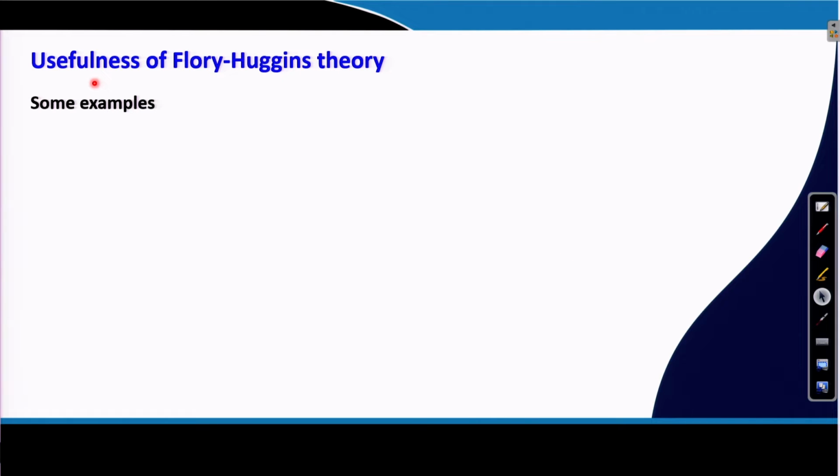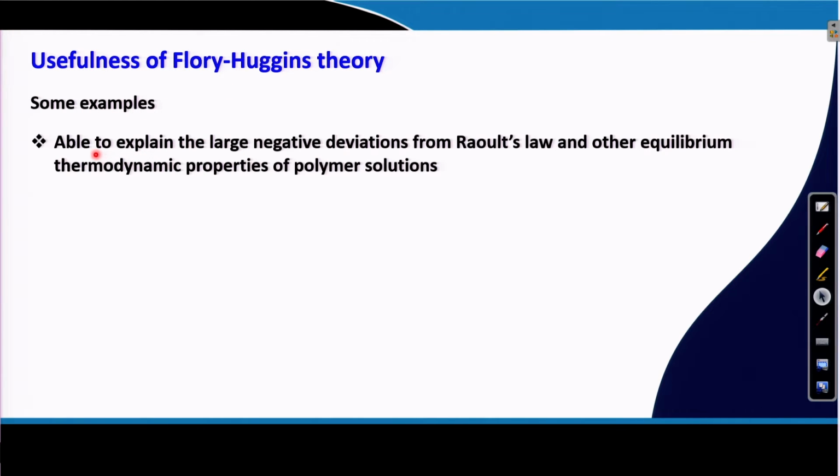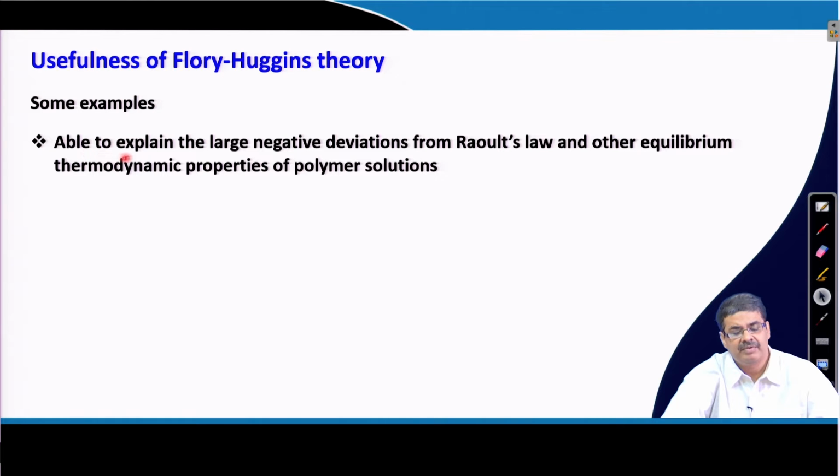Now, we derived Flory-Huggins theory in the last lecture. Some of the usefulness of Flory-Huggins theory are mentioned here. For example, we will be able to explain large negative deviations from Raoult's law and other equilibrium thermodynamic properties of polymer solutions.